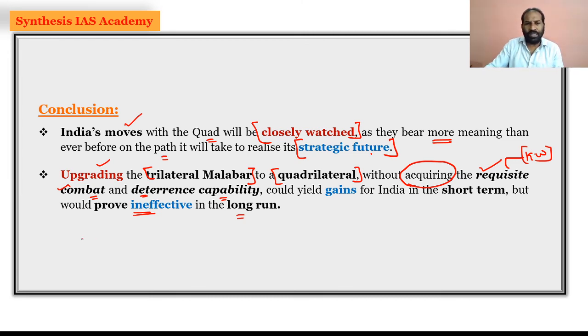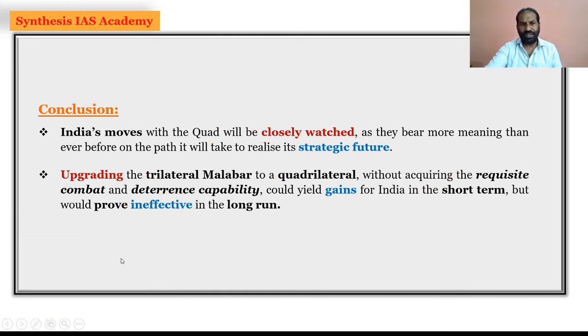Otherwise, this trilateral Malabar exercise upgraded to a quadrilateral exercise would certainly prove ineffective in the longer run, because it is just a military coalition. There is a military coalition between the rest of the three countries among the four quadrilateral, excluding India. So definitely we need to gain the requisite combat and deterrence capability.